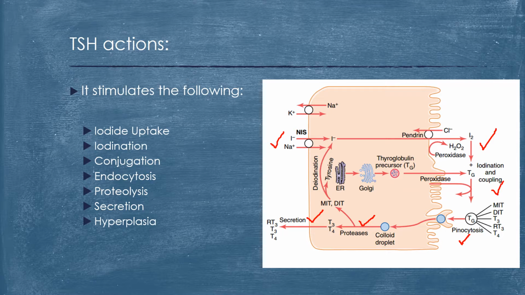And one other is hyperplasia. It is important for the growth of the thyroid gland, and whenever we have chronically high TSH levels, we will have goiter, or enlargement of the thyroid gland.